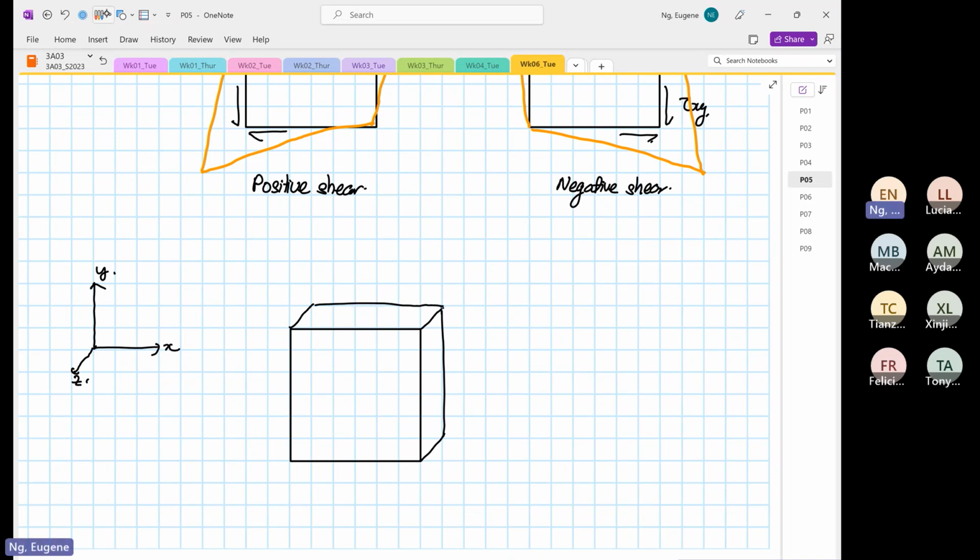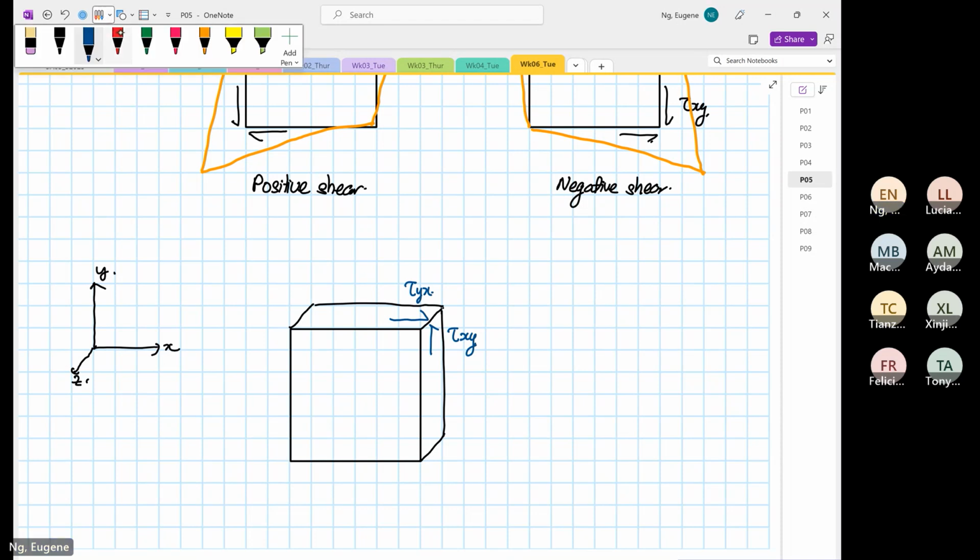So we already know that this and this is shear XY, and over here is shear YX. And then I'm going to draw another two.